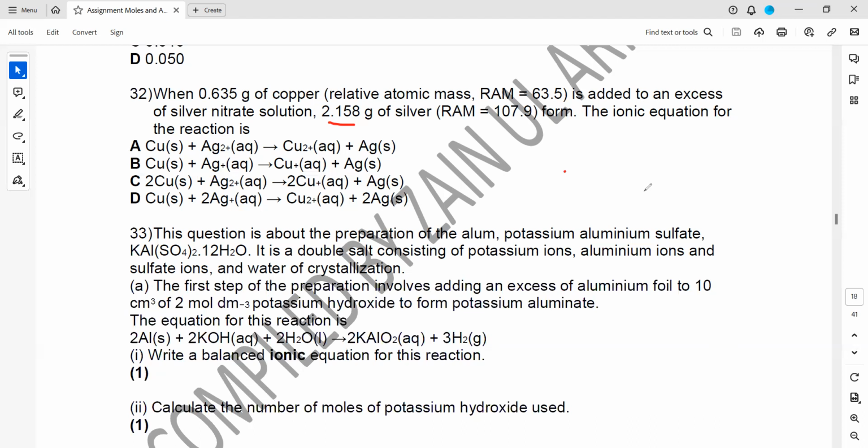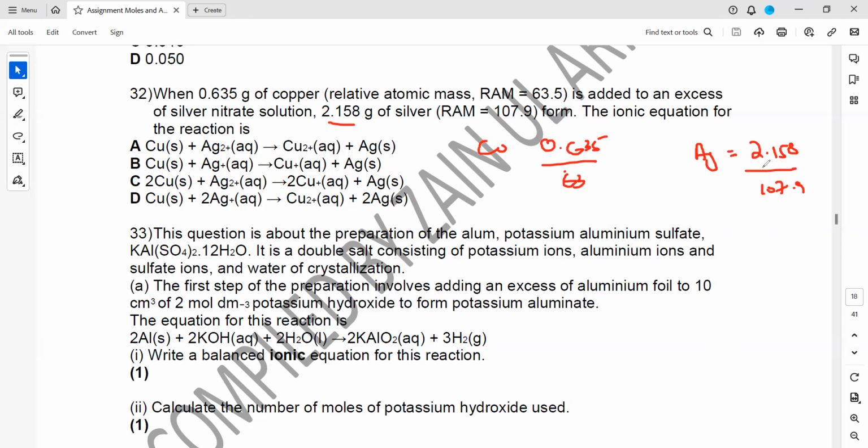So you can simply take a mole ratio. How many moles of copper are used? 0.635 divided by 63.5. This will give us the moles of copper used in the experiment. And how many moles of silver are there? That is 2.158 divided by the molar mass 107.9.